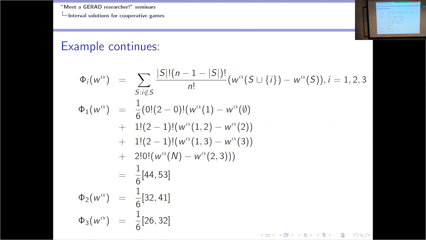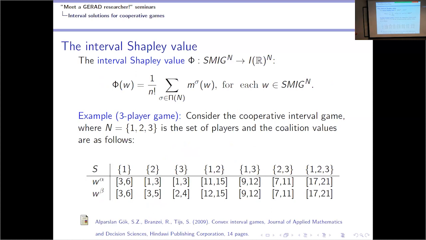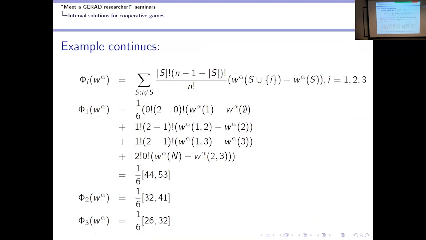Please note that the sum of these components is equal to the grand coalition, which is 1729. So efficiency holds.